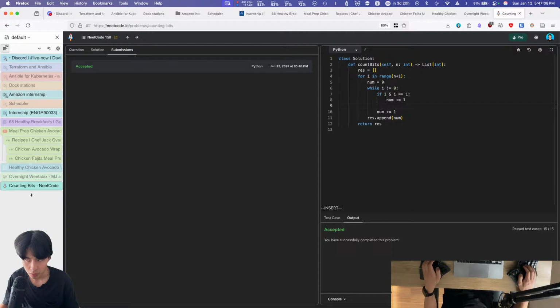And i is equal to i bit shift right by 1. Okay.